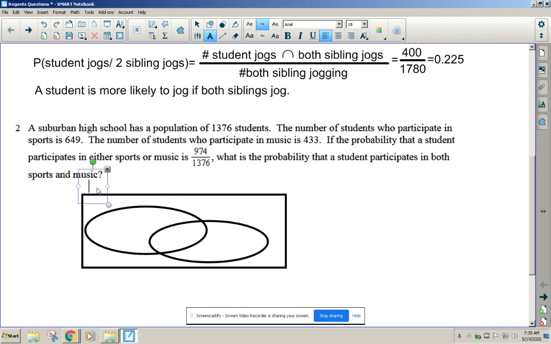All right. So first thing, our total. We have 1,376 students in this school. Now, the next thing we know is that some of the students participate in sports, and some participate in music.